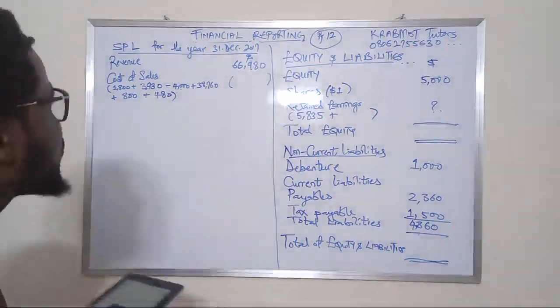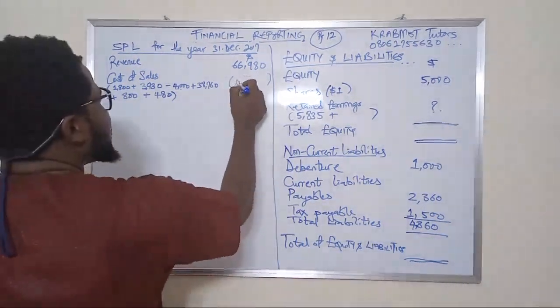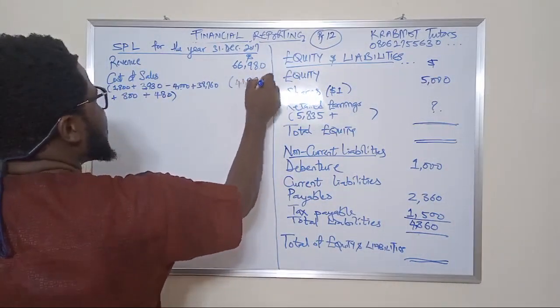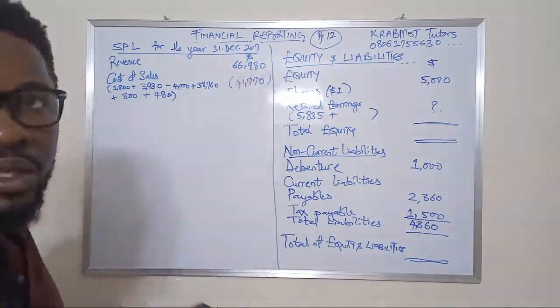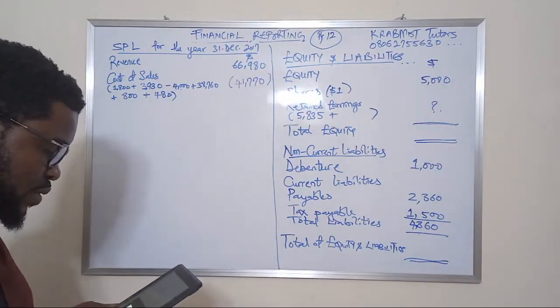If you calculate it very well, it is 41,770. Calculate it again, it's 41,770.